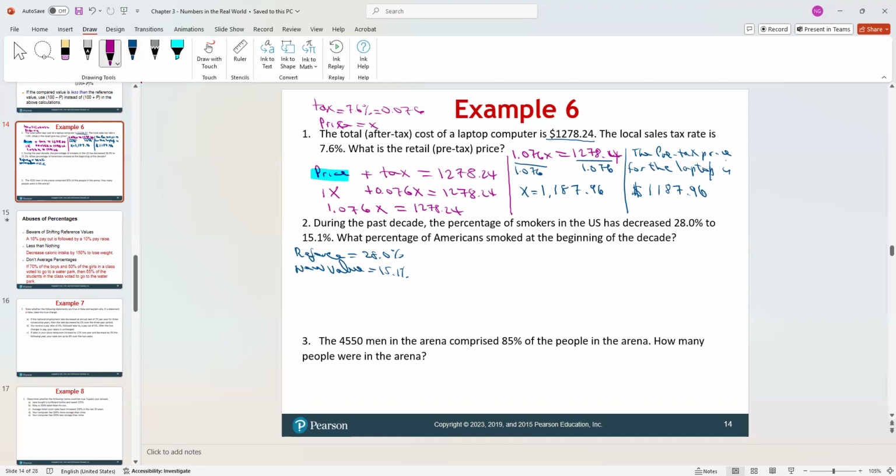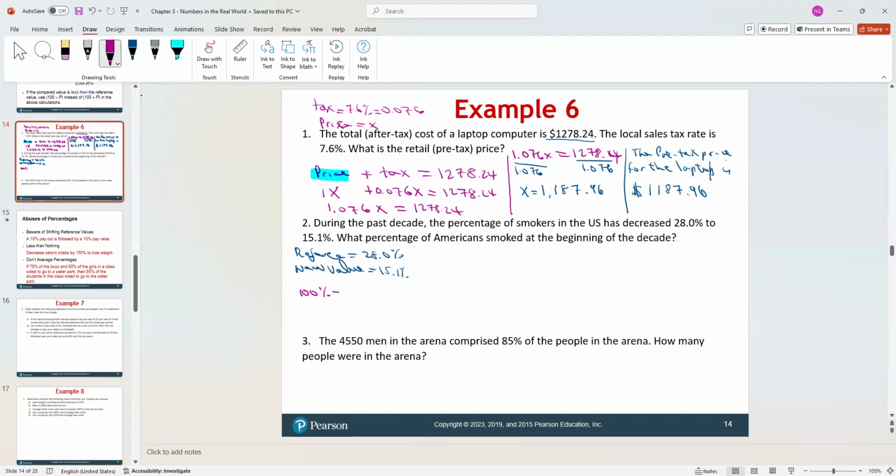First of all, what you need to remember, you have 28% minus something. Because we need to find it, it decreased 28%. Oh, no, no, no. You had 100%. Sorry. During the past decade, the percent of smokers in the US has decreased, not 28%.